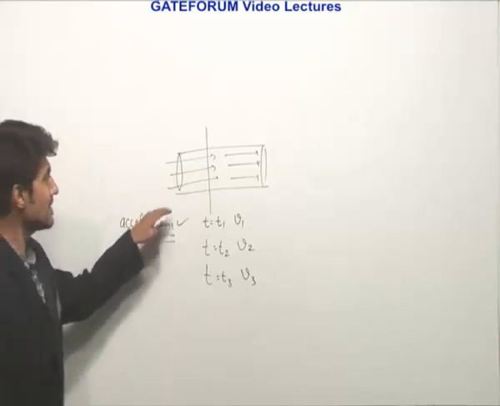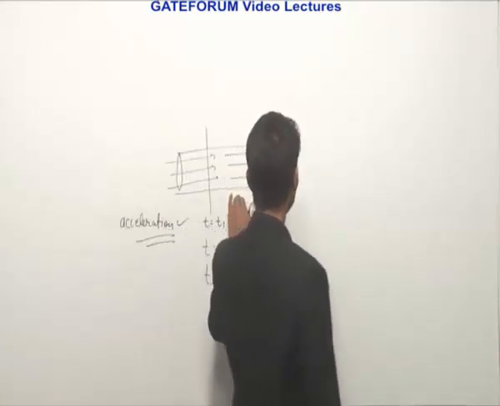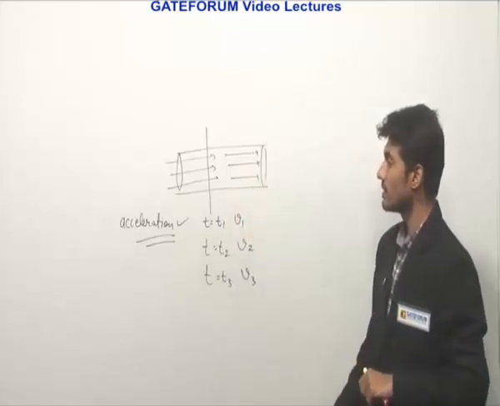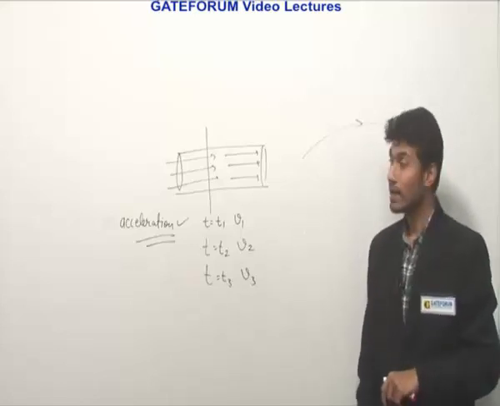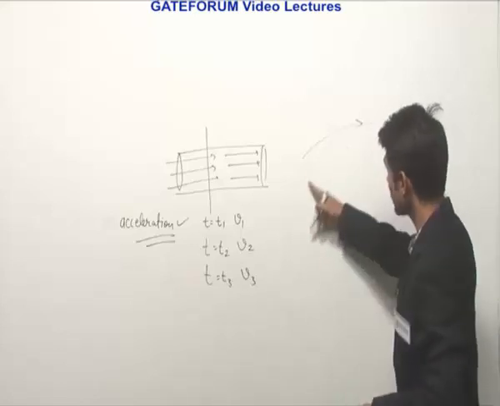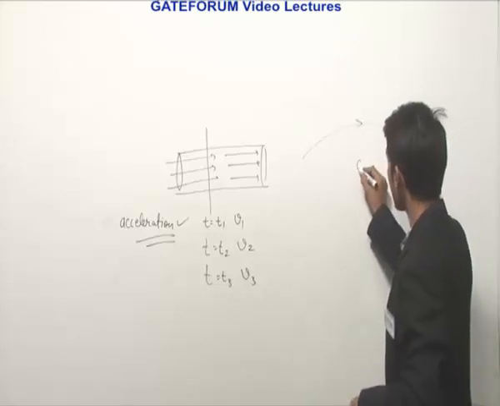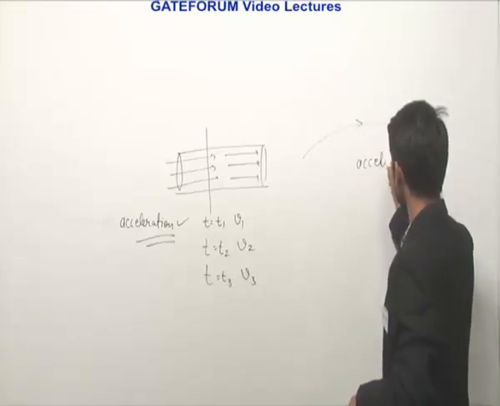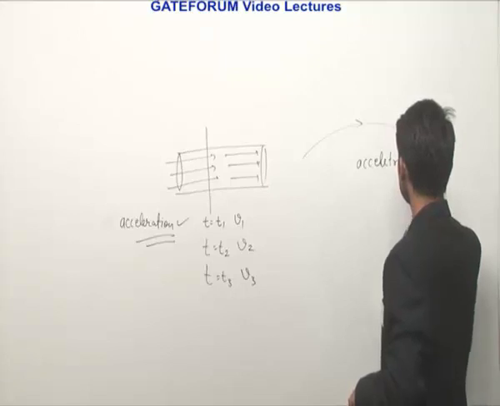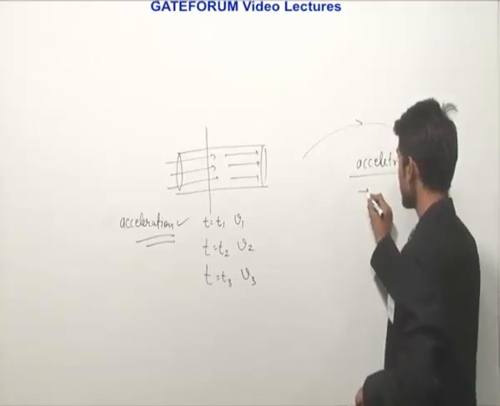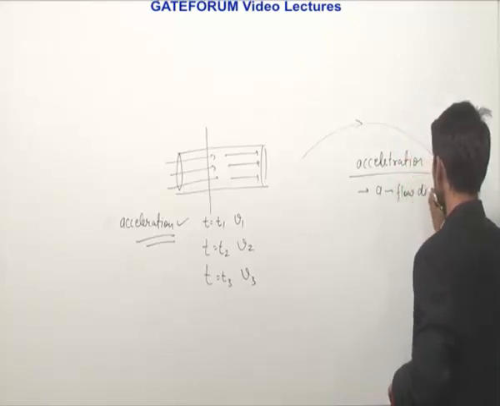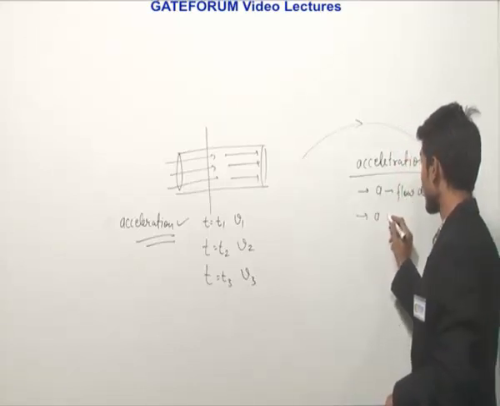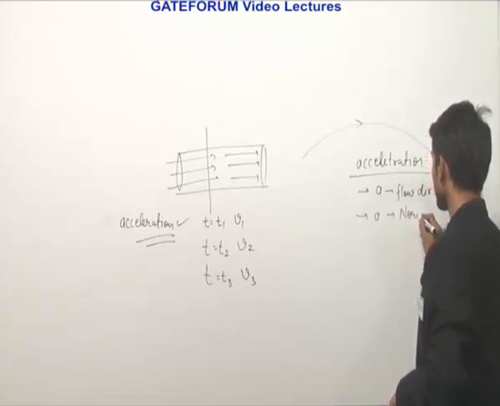But since it is unsteady only, it is not mentioned that the flow is curvy. If the flow is in a curve, then there will be acceleration in two directions. First, acceleration in the direction of flow, and there will be one acceleration in the normal direction or radial direction.